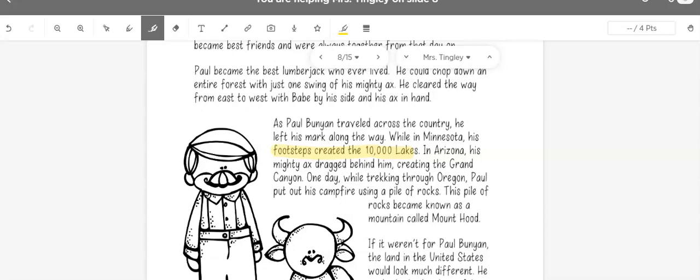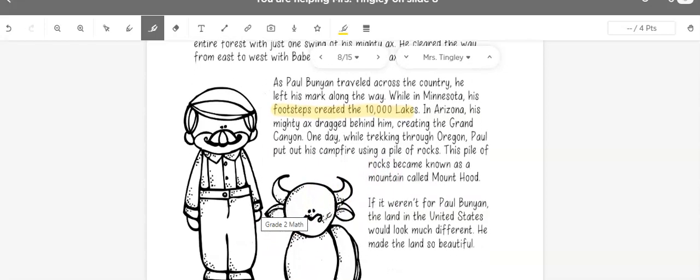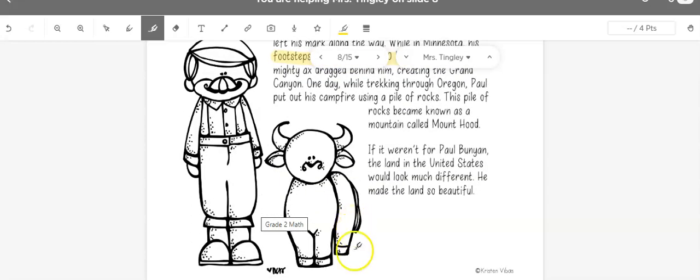One day, while trekking through Oregon, Paul put out his campfire using a pile of rocks. This pile of rocks became known as a mountain, called Mount Hood. If it were not for Paul Bunyan, the land in the United States would look much different. He made the land so beautiful.